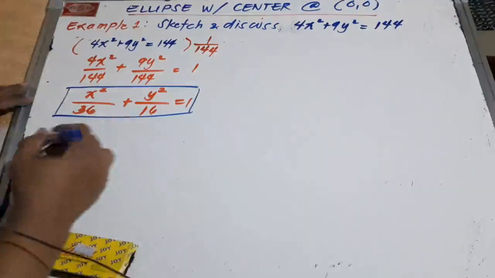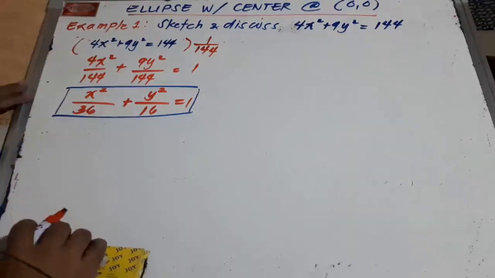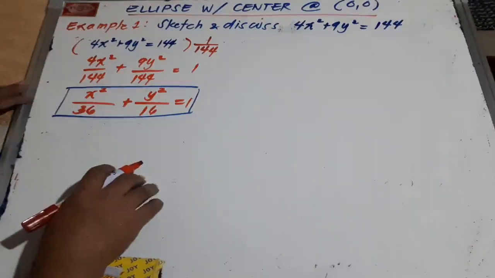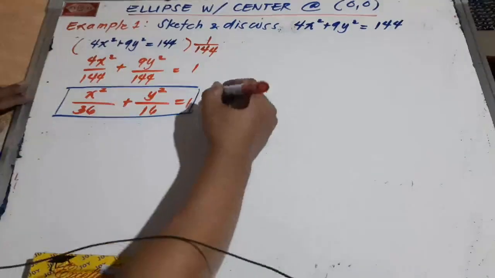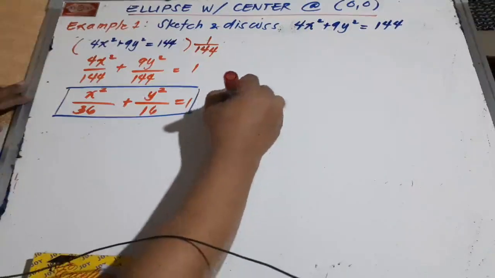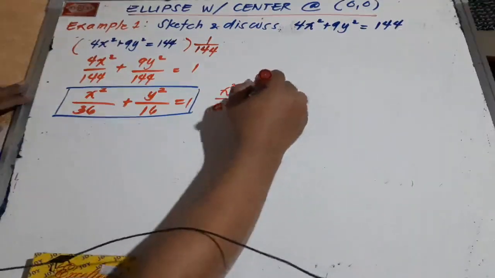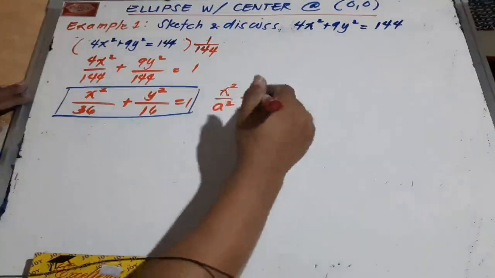So dalawa yung ating standard form ng ellipse, center at the origin. Say x squared over a squared plus y squared over b squared equals 1. The other one is x squared... Oh, sorry. It will be y squared over a squared.